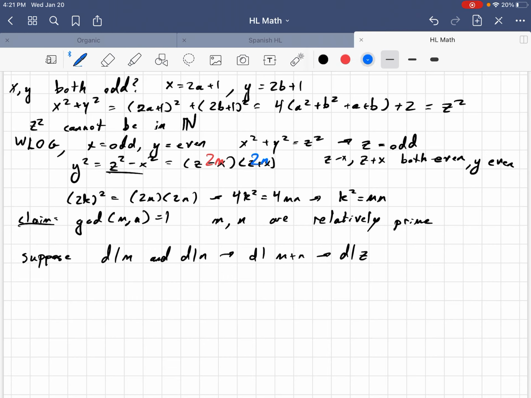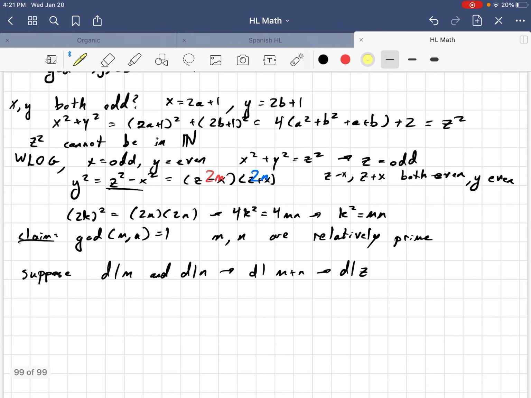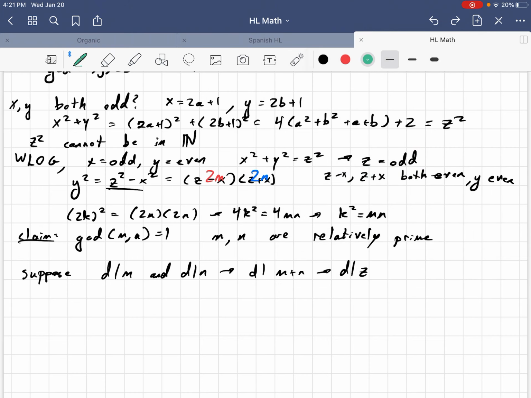So if I were to write out explicit formulas for m and n, we have z minus x is equal to 2m, and so that means that m is equal to (z minus x) over 2.